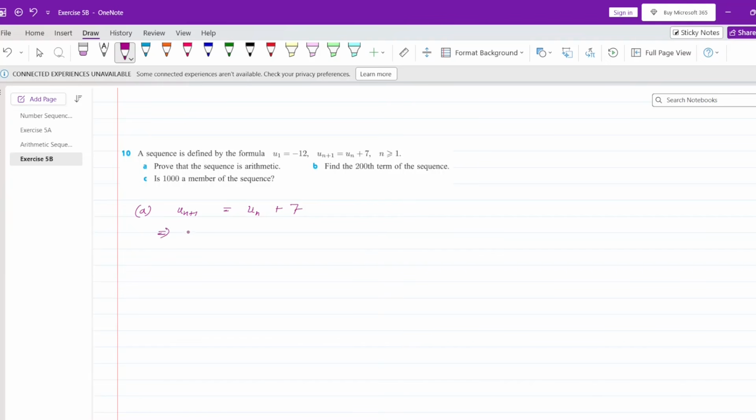So from here we can say un plus 1 minus un equals 7. We know this is the formula for the common difference d, and d is 7, that is a constant. Therefore, we can say the sequence is arithmetic.